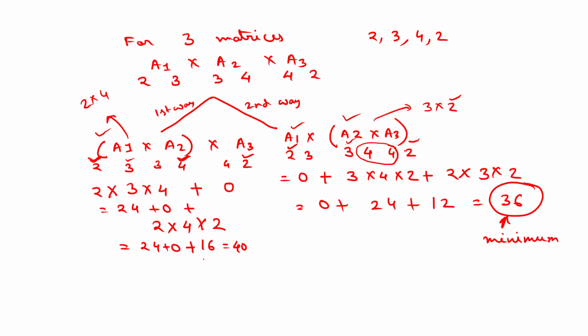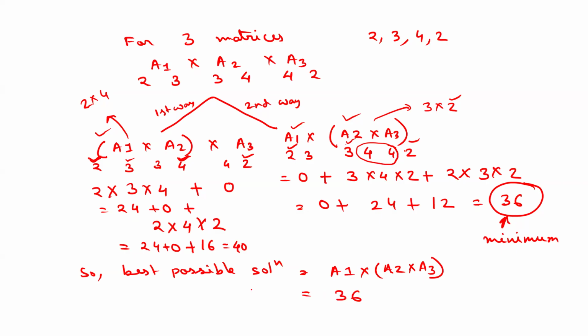So the best possible solution, or we can say the optimal solution or parenthesization, is A1 cross A2 multiplied with A3, which gives the cost 36. So the cost is 36.